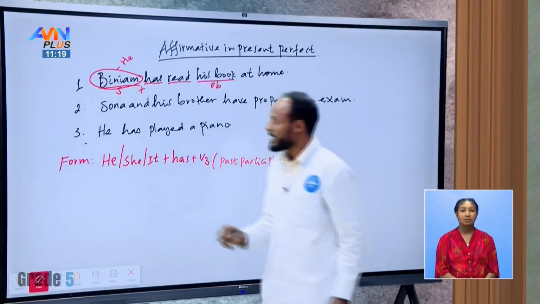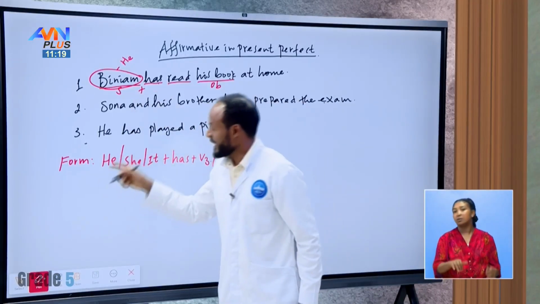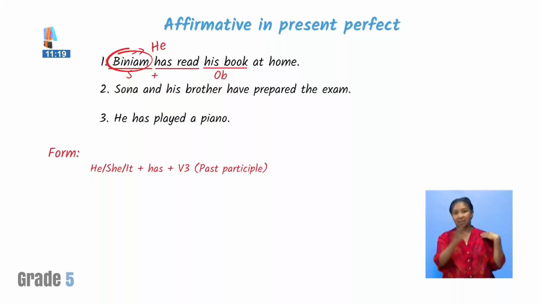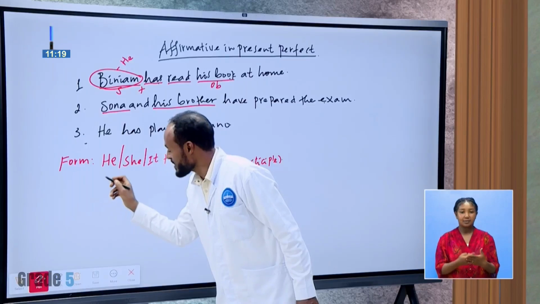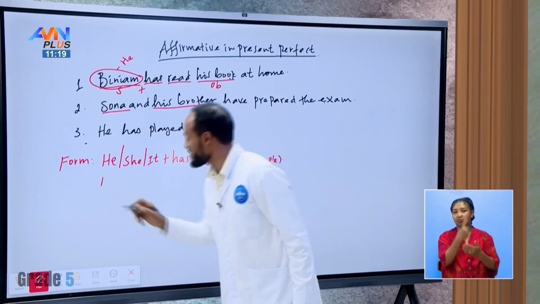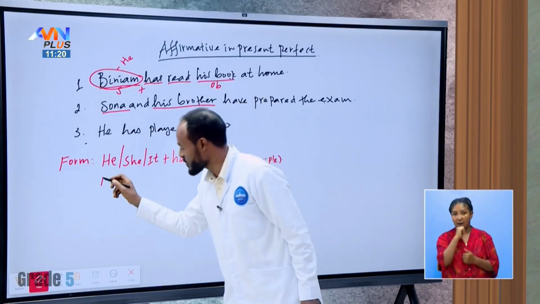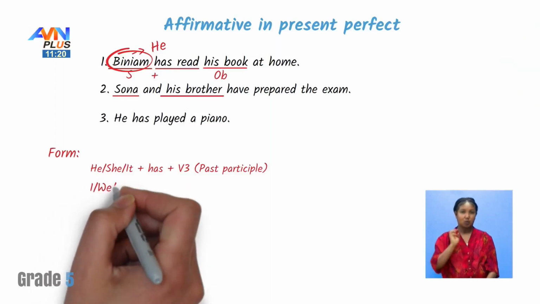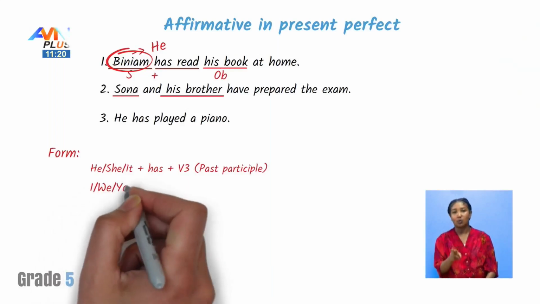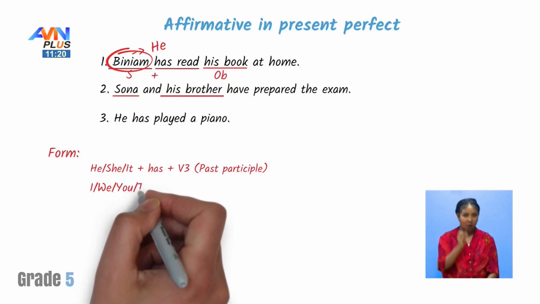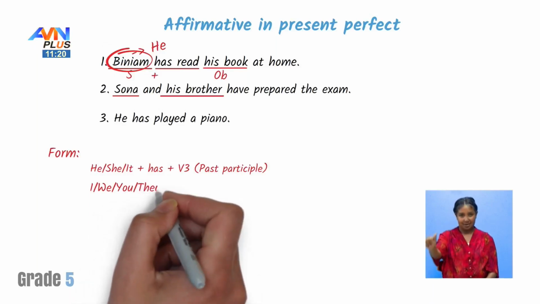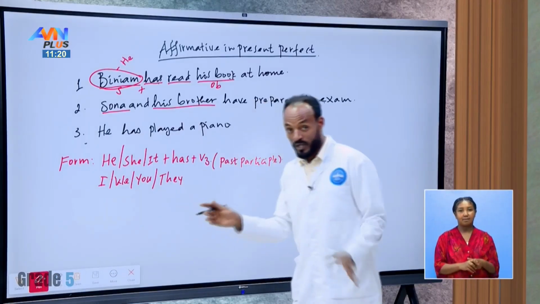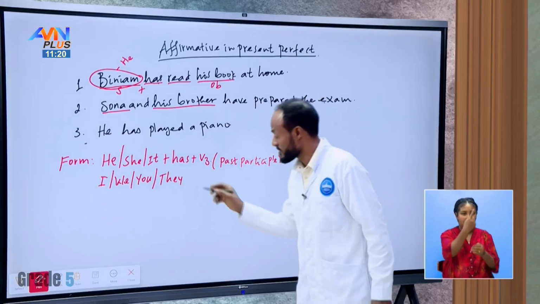Look, what about if the subject is like this? Sona and his brother. If the subject is not third person singular, we have to use I, we, you, or they. Either of them, we cannot use them together within a sentence.